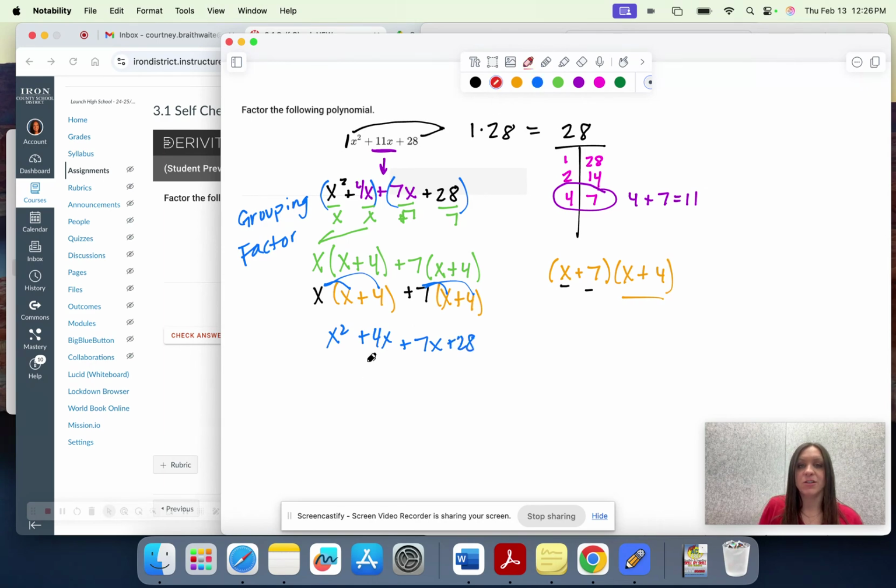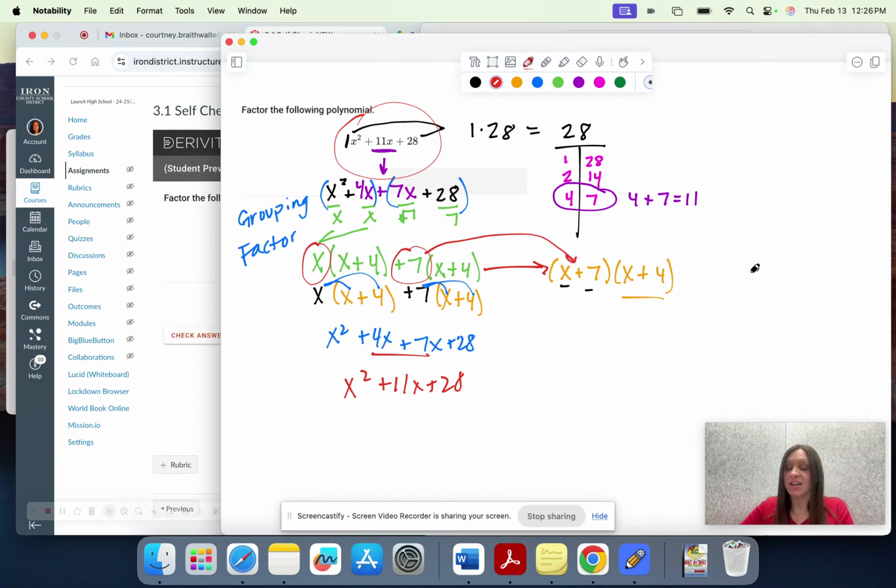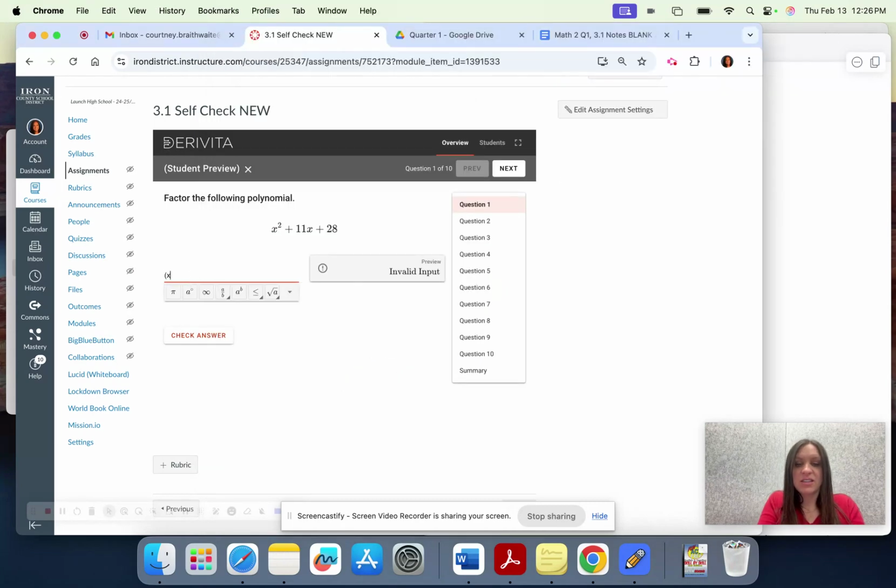And then the middle two would add to 11, which is this. So from this step, I would write the x plus 4 just once, and then what came out, what we factored out, our greatest common factor, becomes the other factor. So this in factored form is x plus 7, x plus 4.